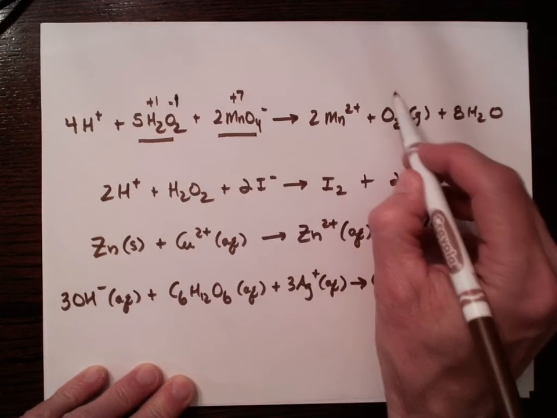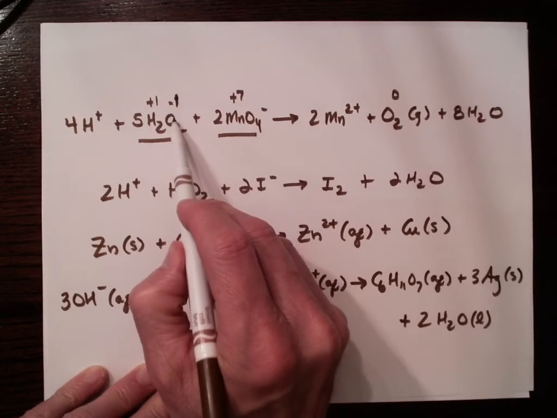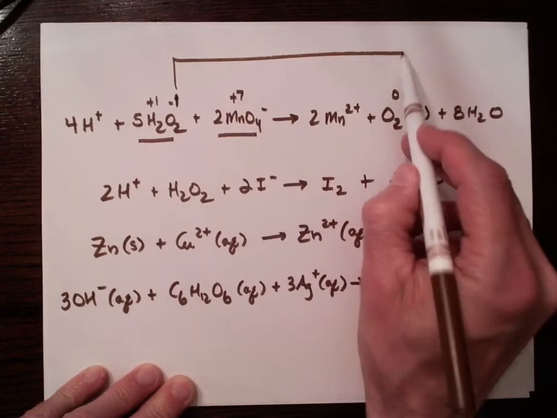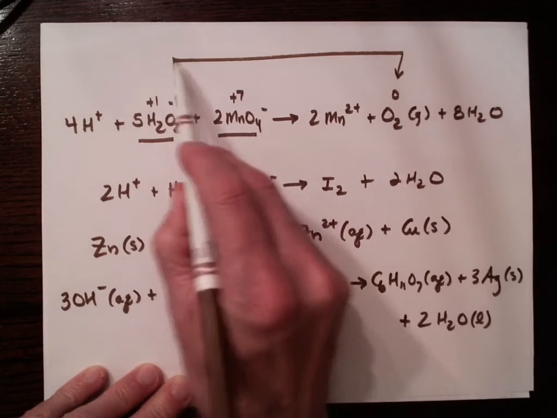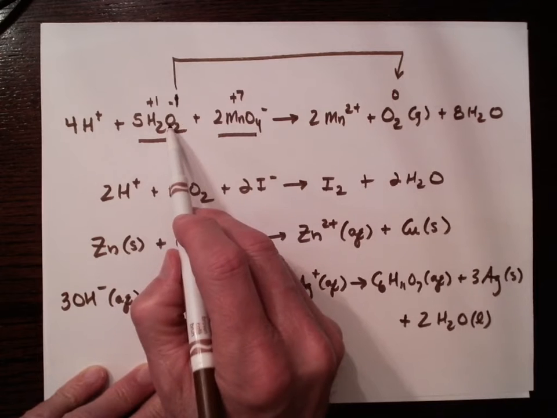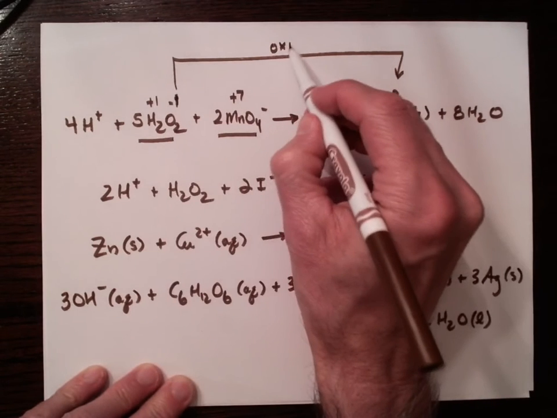In oxygen, that's an element, so that's going to be 0. So notice here that our oxygen in peroxide goes from a -1 to 0. That's an increase in oxidation number, and so hydrogen peroxide gets oxidized to oxygen.